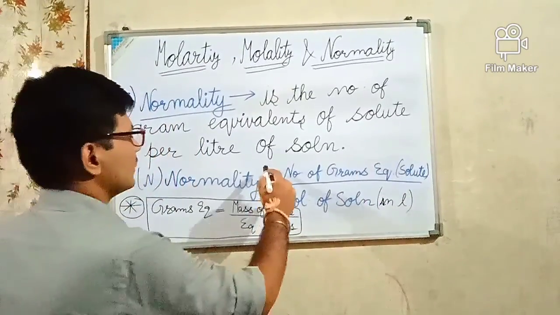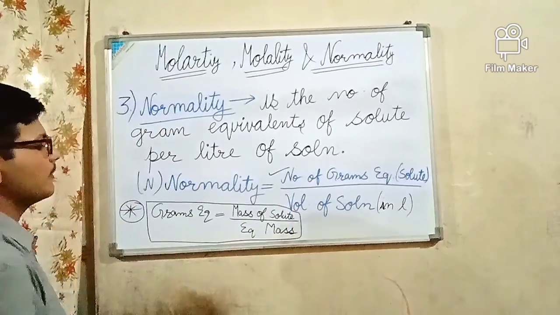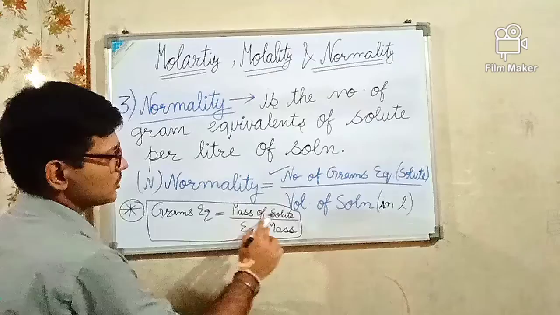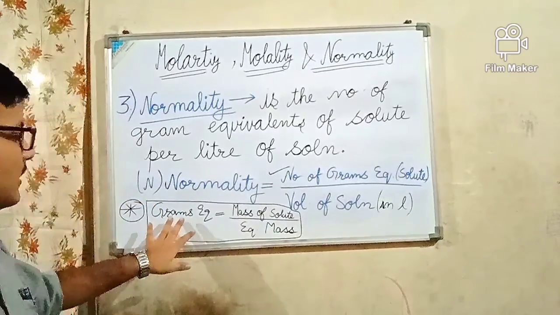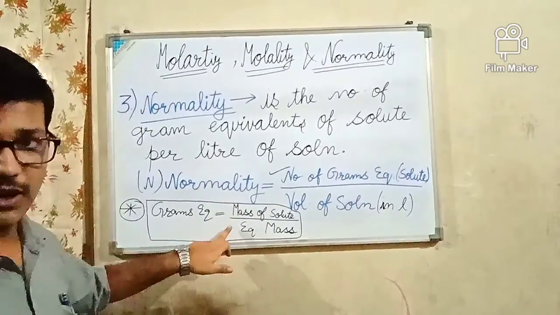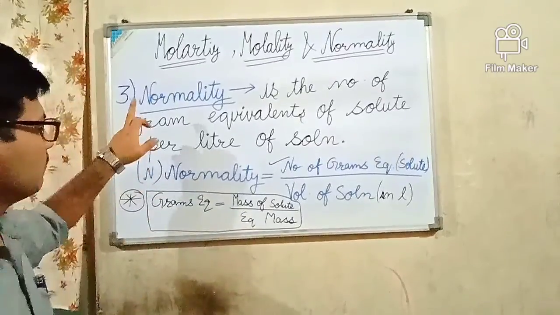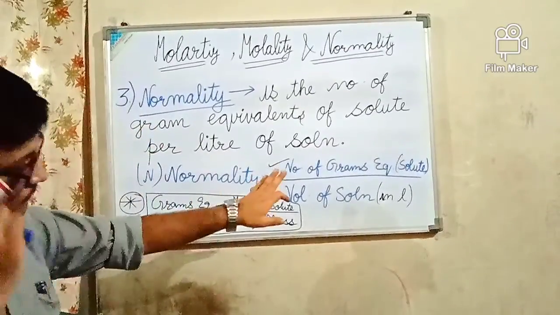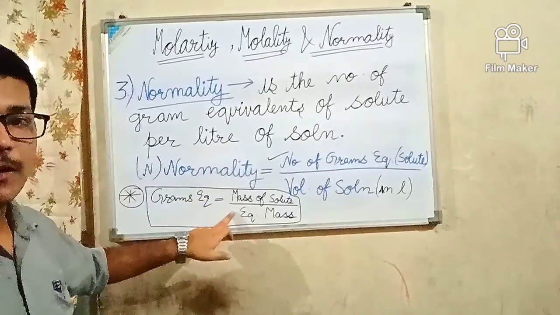The number of gram equivalents can be calculated by the formula mass of solute over equivalent mass. If you remember, in molarity, where we find the number of moles, we use the given mass over molecular mass.